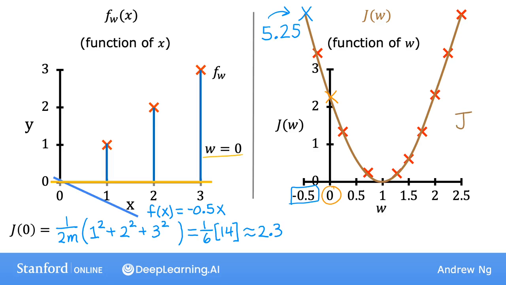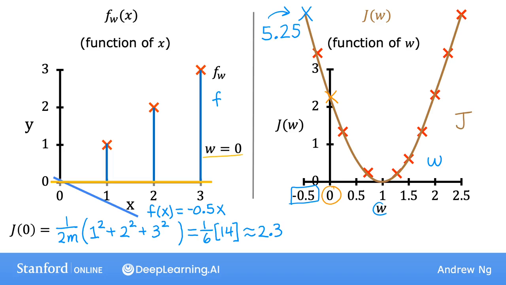To recap, each value of parameter w corresponds to a different straight line fit, f of x, on the graph to the left. And for the given training set, that choice for a value of w corresponds to a single point on the graph on the right.